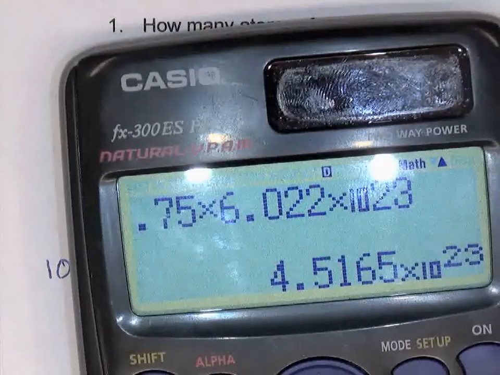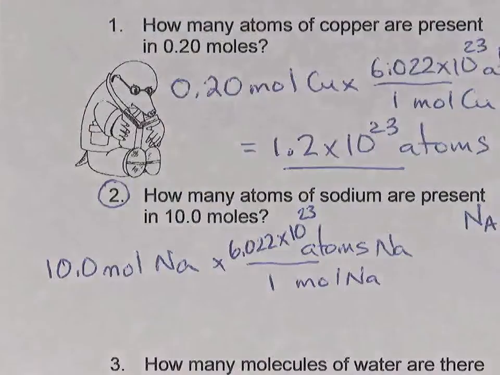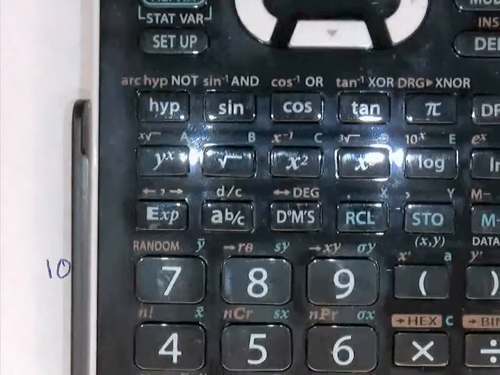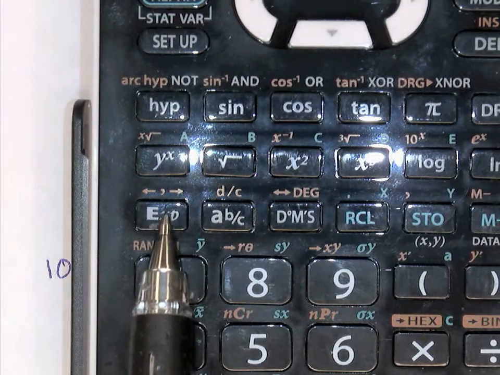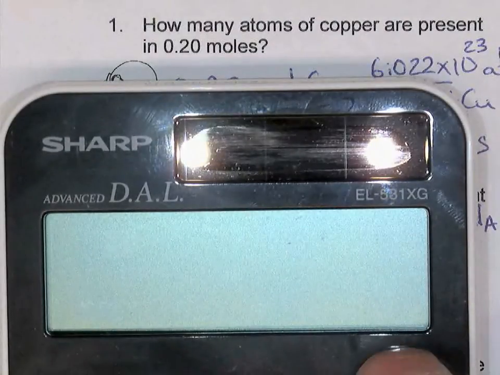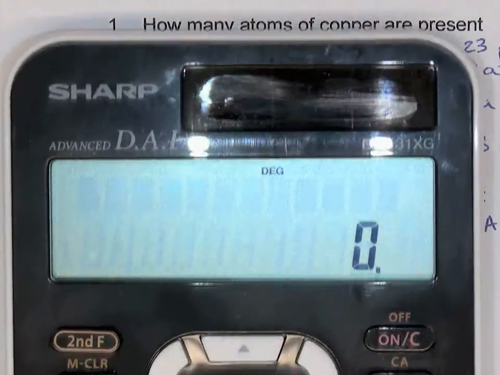Well, on most calculators there's going to be a button. I'll show you a few different versions of calculators. Here's a Sharp calculator, and on the Sharp calculator there's a button here, EXP, and this button EXP is a scientific notation button. If I turn the calculator on, notice what happens when I press it.